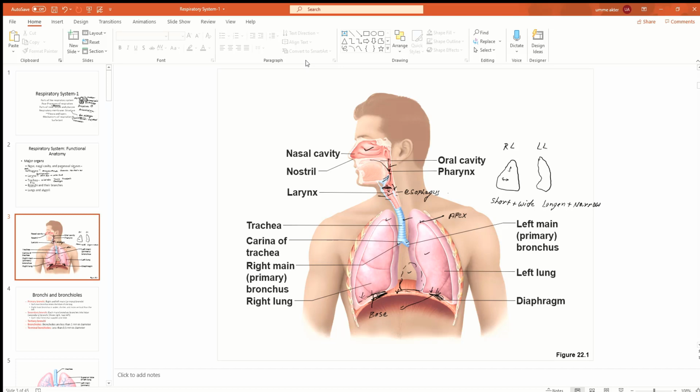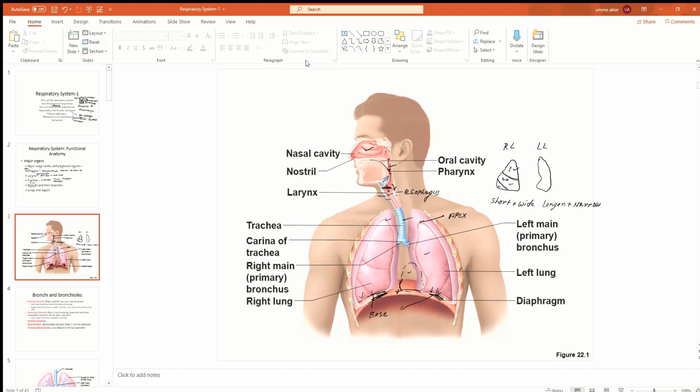The right lung has two fissures. Fissures means deep groove or cut. We can think cut. So deep grooves separate the right lung into three lobes. Okay, you see, upper lobe or superior lobe, middle lobe, and inferior or lower lobe.